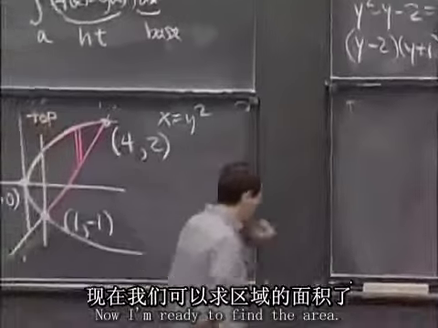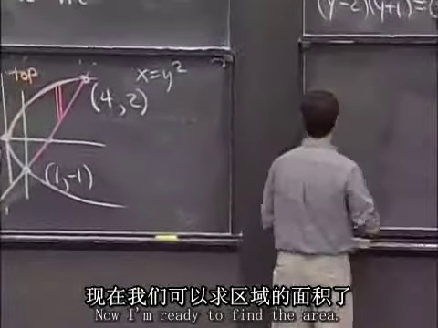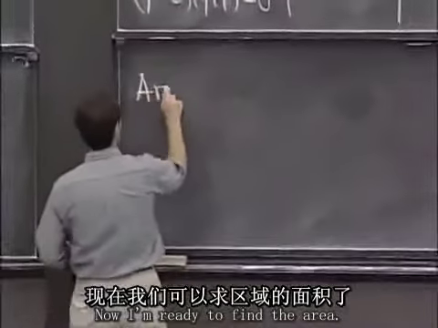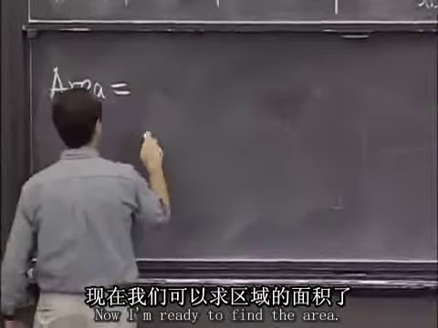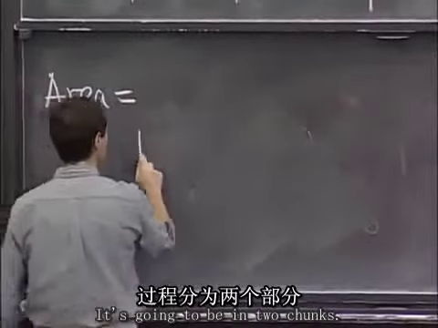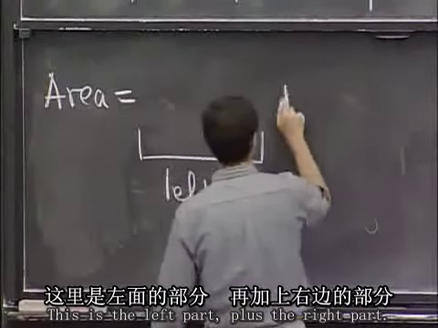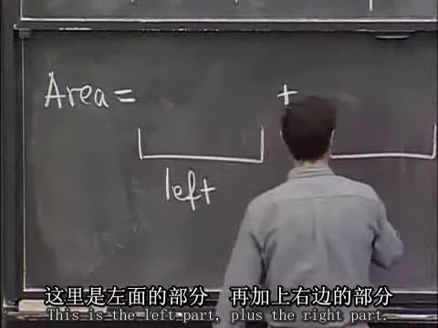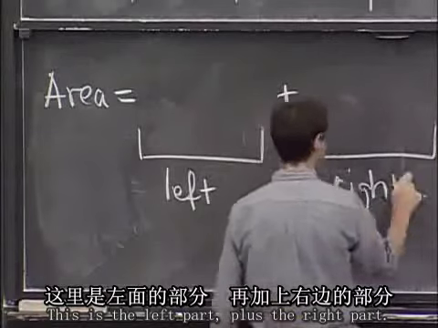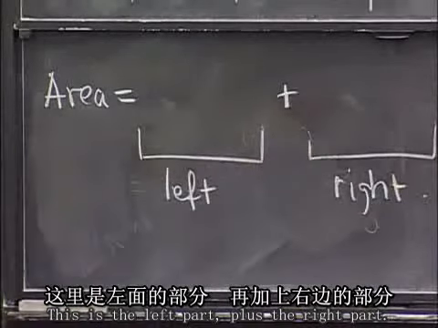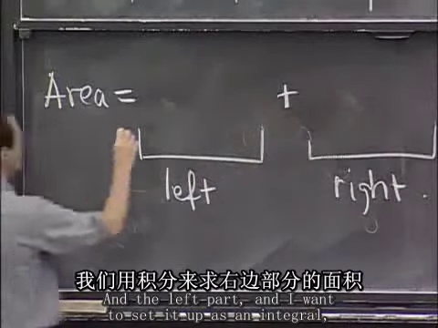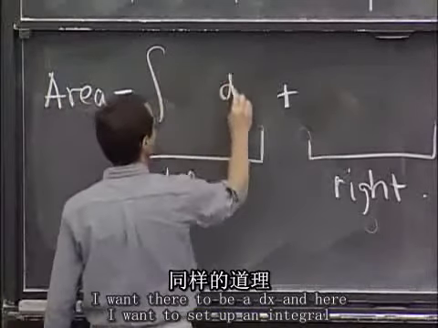Now I'm ready to find the area. It's going to be in two chunks. This is the left part plus the right part. And the left part, I want to set it up as an integral. I want there to be a dx.